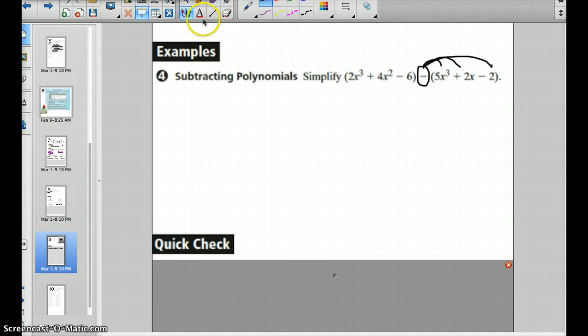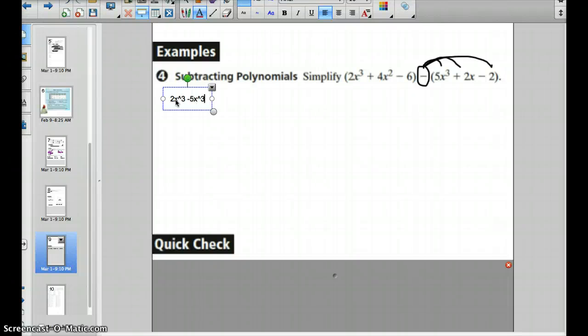So when we start to rearrange it, we've got the 2x to the 3rd power, and then we're going to have minus 5x to the 3rd power. And then we come back to our first one, and we can add 4x to the 2nd power, minus 2x. Okay? Now notice these aren't like terms. We're just rearranging everything in order of degree for each term.